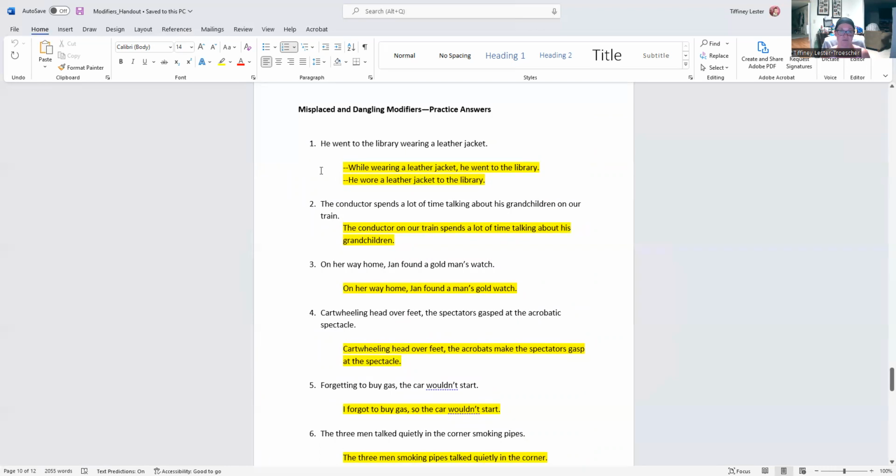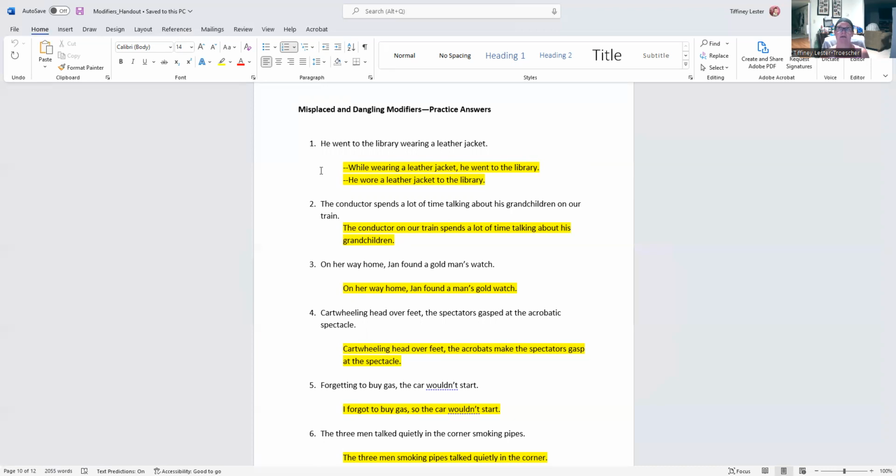He went to the library wearing a leather jacket. The library wearing a leather jacket? I don't know that I've ever seen a library wearing any kind of jacket, let alone a leather jacket. But I don't think that's what this person was trying to say. I don't think the library is wearing a leather jacket.